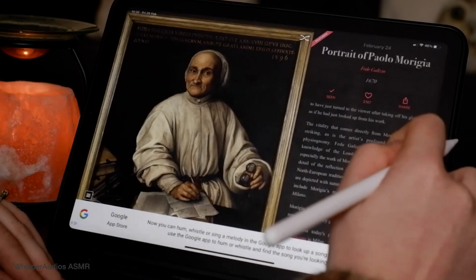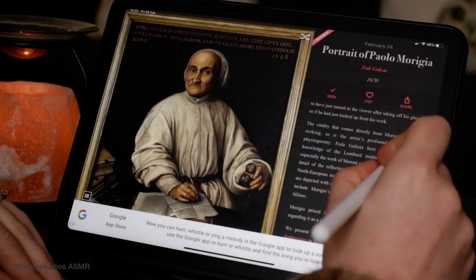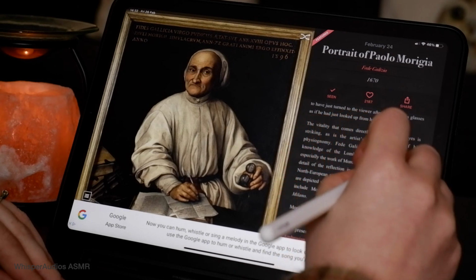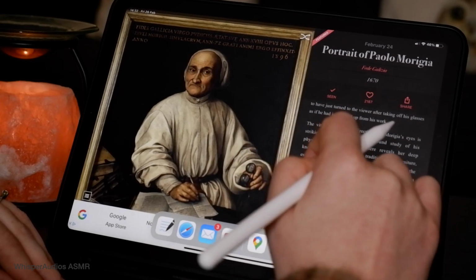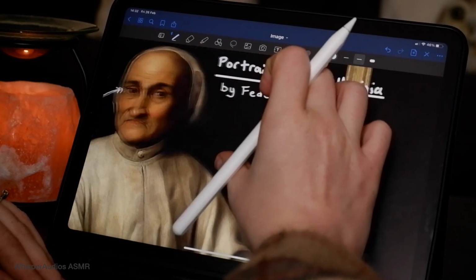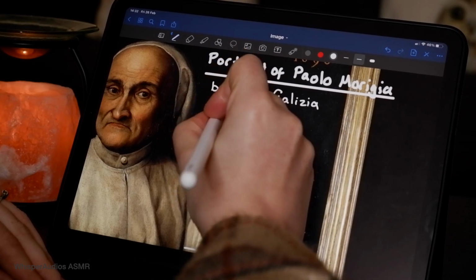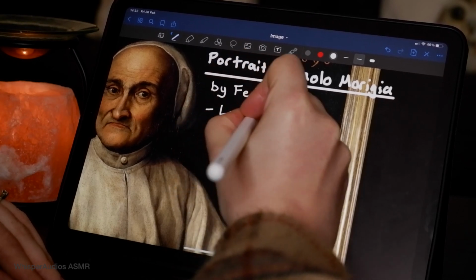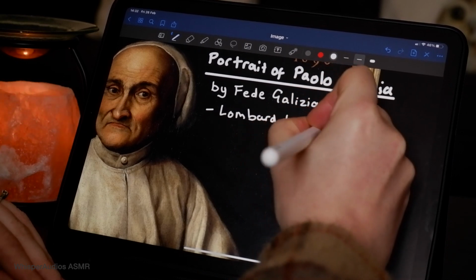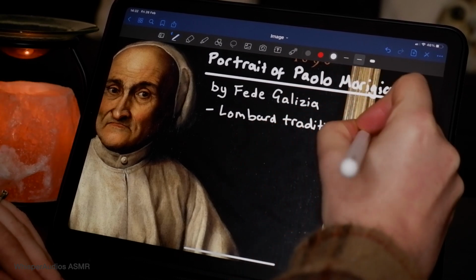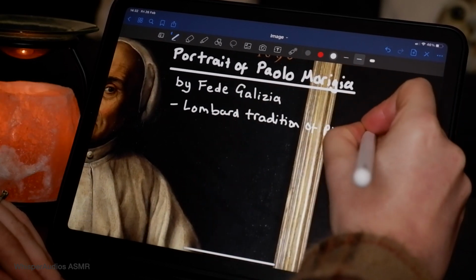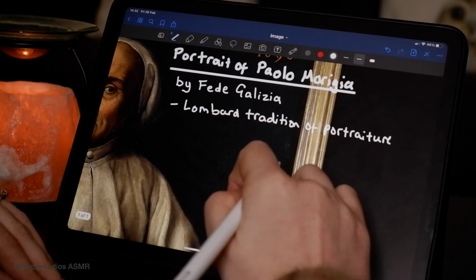And then what else does it say? Deep knowledge of the Lombard tradition of portraiture. So this Lombard tradition of portraiture.